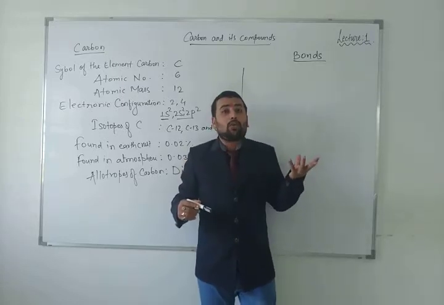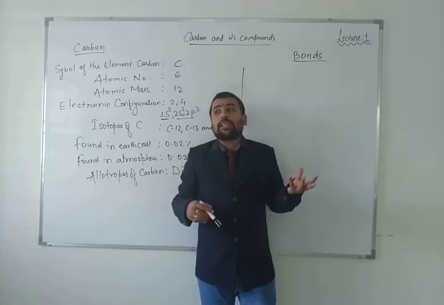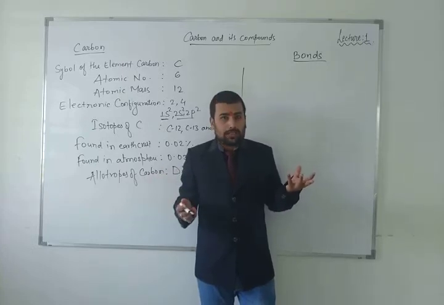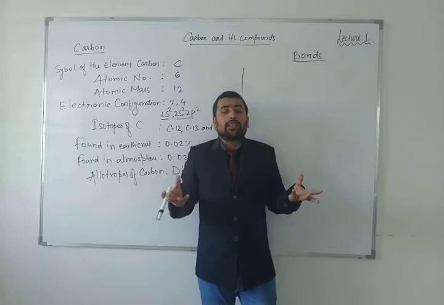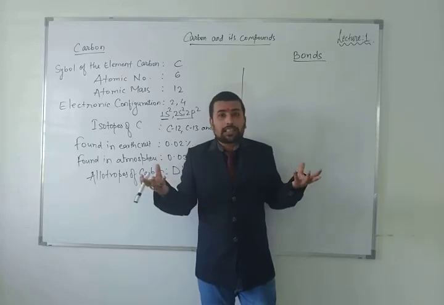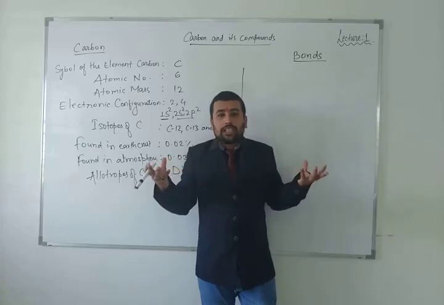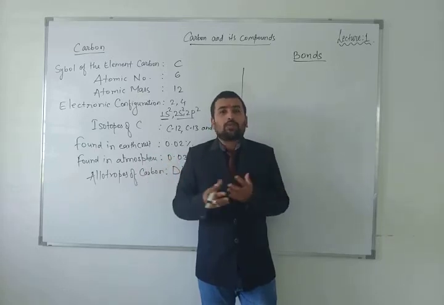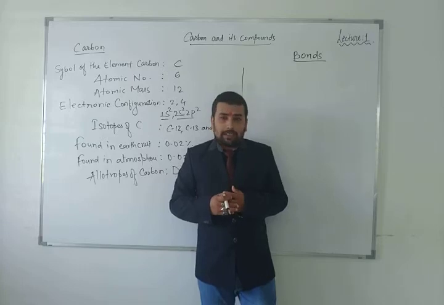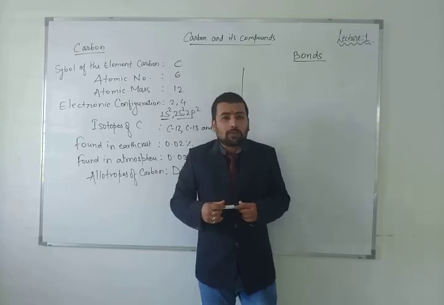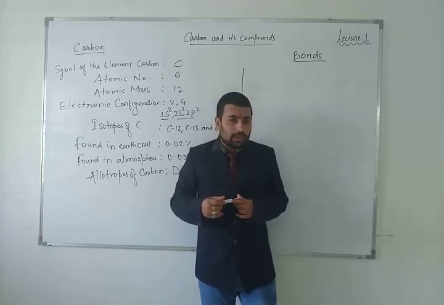If they have a requirement of electrons or they want to lose electrons, for that purpose, if two elements chemically bind, a force arises, and that force of attraction is called chemical bonding. The force of attraction between the two elements is called a chemical bond.